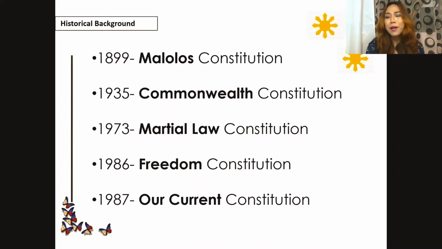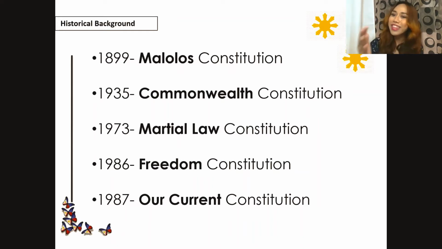At the same time, it gave basic civil rights to the Filipino people. Then it started the separation of the church and the state, because you know that during the Spanish regime, the church had so much power.